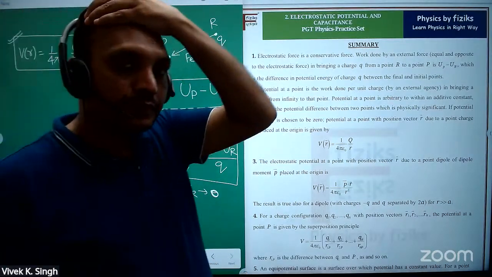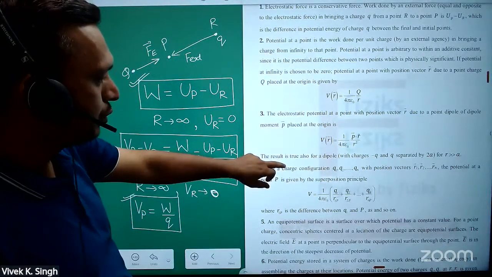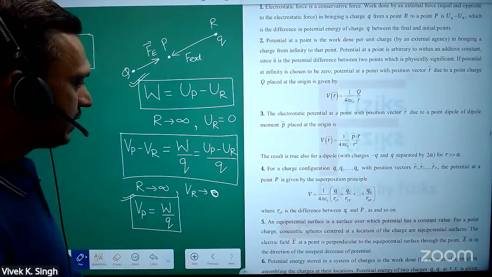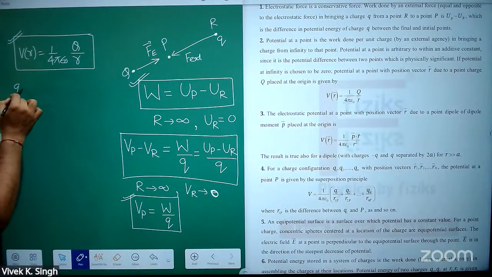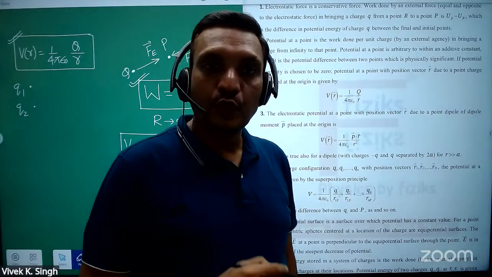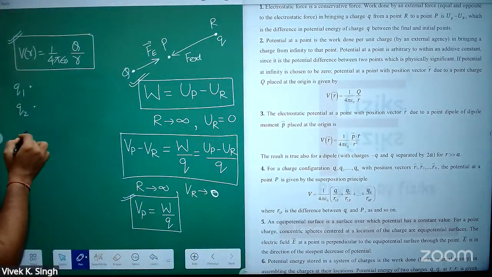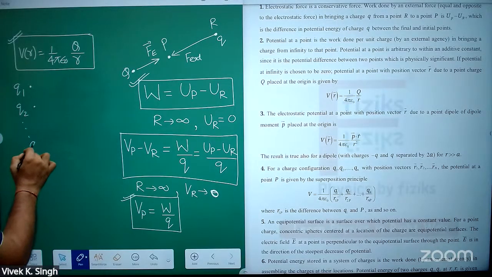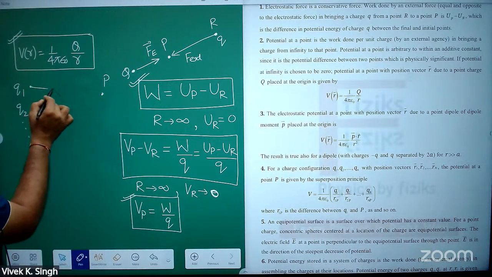If you have n number of charges, let's see the potential due to n number of charges. Let's say this is Q1. I am just giving you the summary and we will focus on problems, because you can easily summarize all those things. There are n charges and there is a point P here. So what will be the potential?